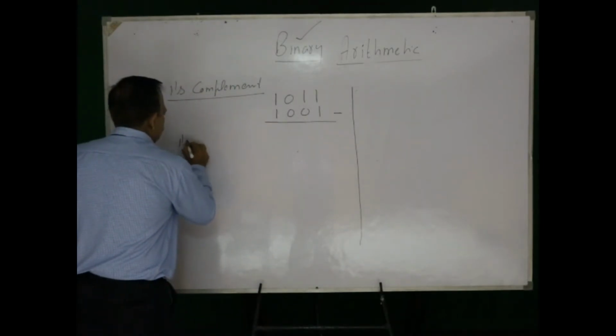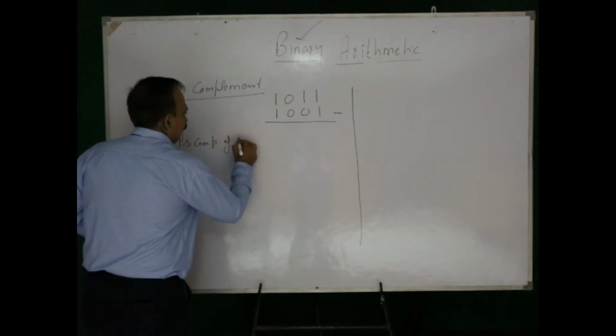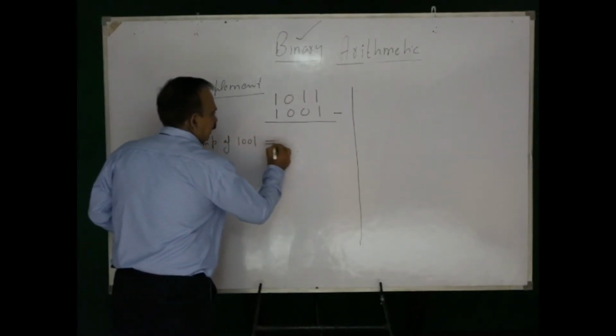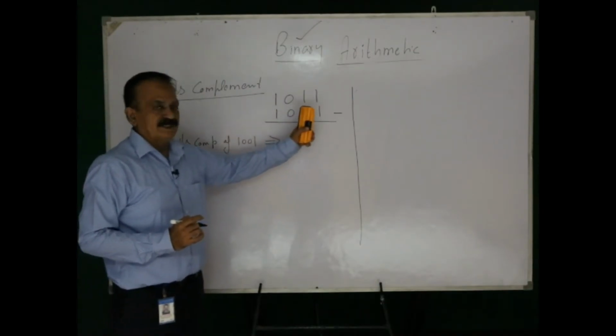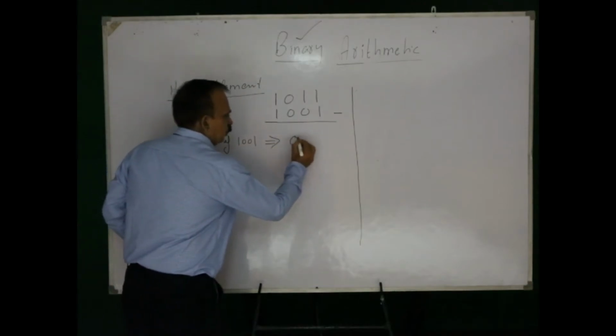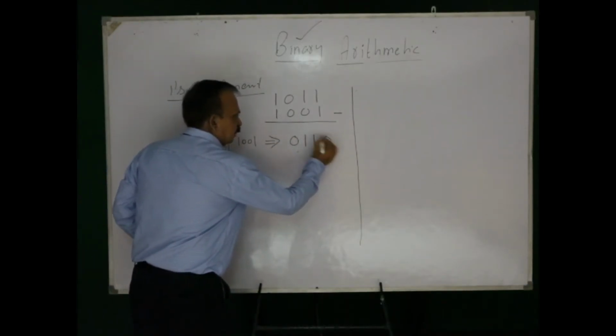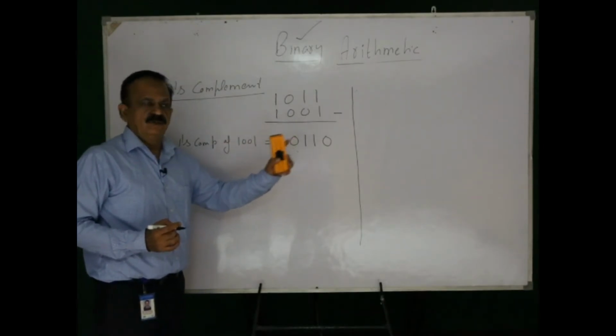So 1's complement of 1001. Why I am taking 1's complement of 1001? Because this number is the negative number. Now it will be 0110. How? I am converting 1 to 0 and 0 to 1.